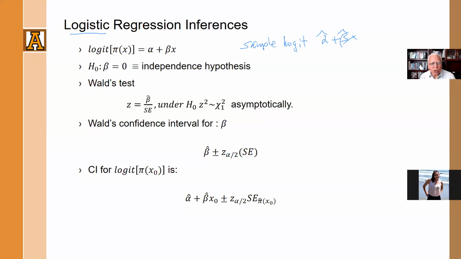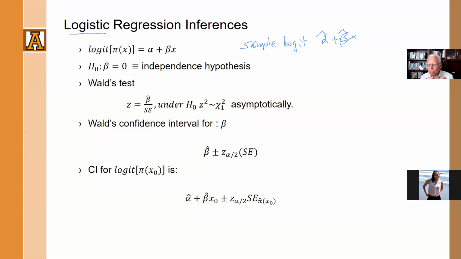Okay, so if you look at this case when p is equal to 1, one interesting test here is whether or not beta is equal to 0. That is, whether the coefficient of x is equal to 0 or not. If it is equal to 0, this is equivalent to the independence hypothesis. You see, if beta is equal to 0, it means that pi of x, the probability that y equals 1 given x, does not depend on x.